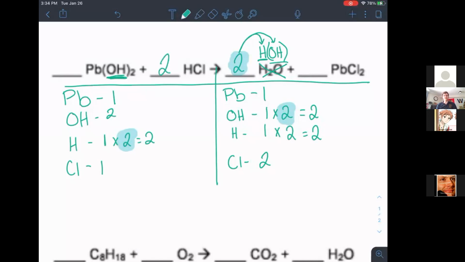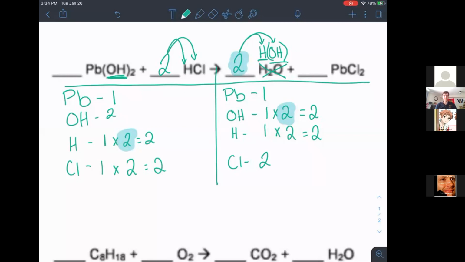And that 2, does that just go into hydrogen? No. Where else does it go? Into chlorine. Awesome, which means this gets multiplied by 2. Do my chlorines match? Yes, perfect. We're done. We balanced it.